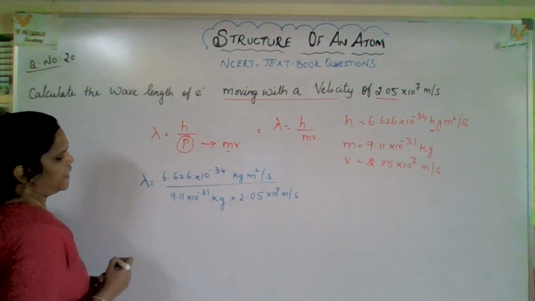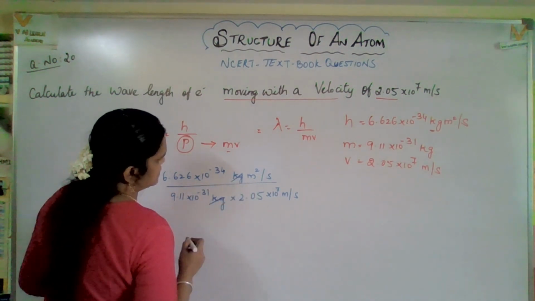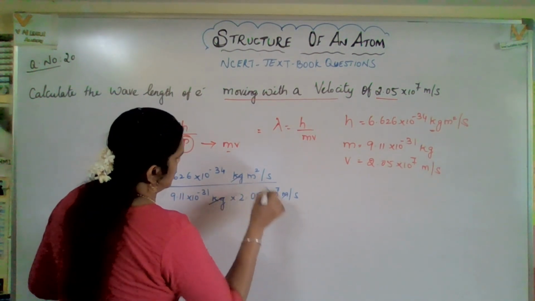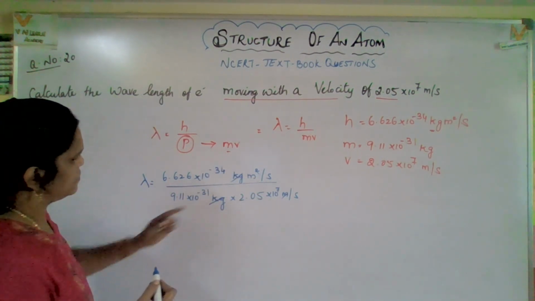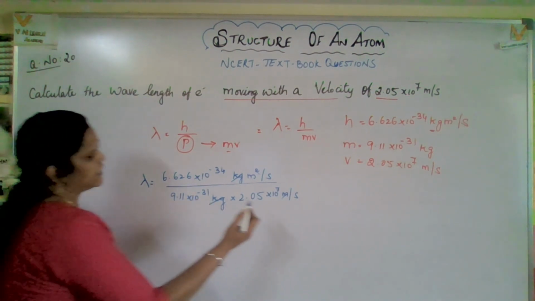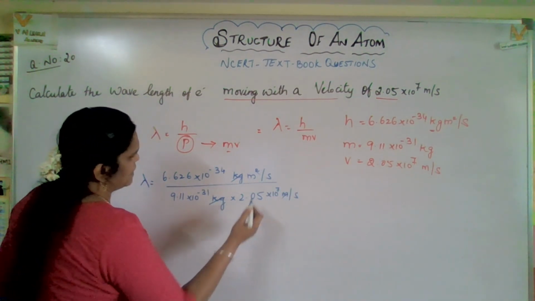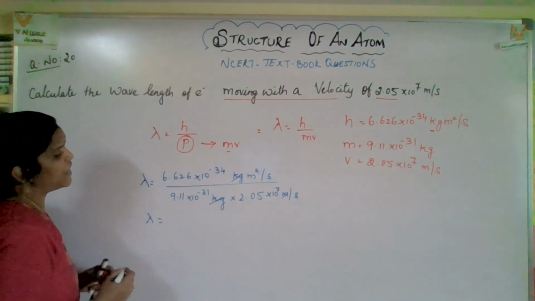Here kg and kg cancel, meter square and meter cancel so only meter remains, and per second and per second also cancel.